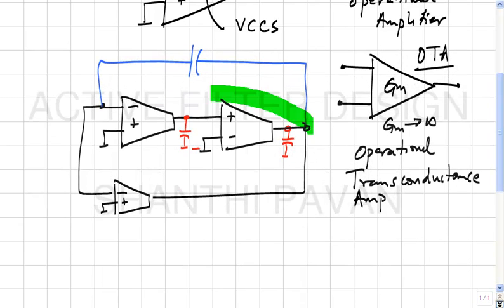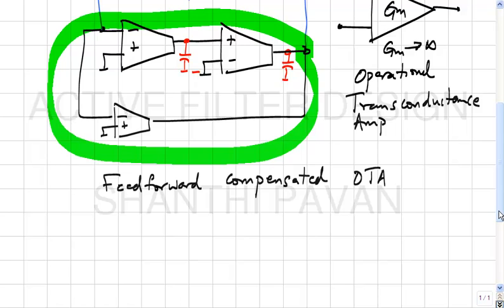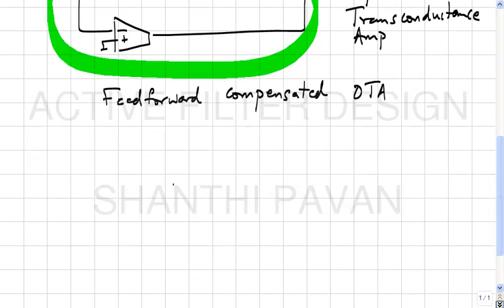Now, this is an example of what is called a feed forward compensated OTA. And another way of introducing the damping coefficient was this.